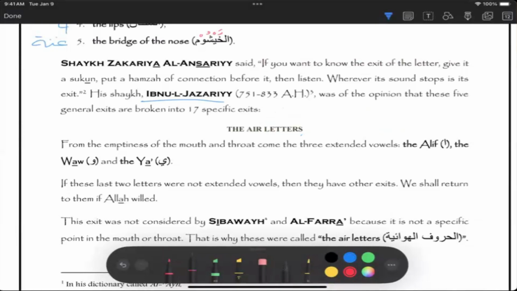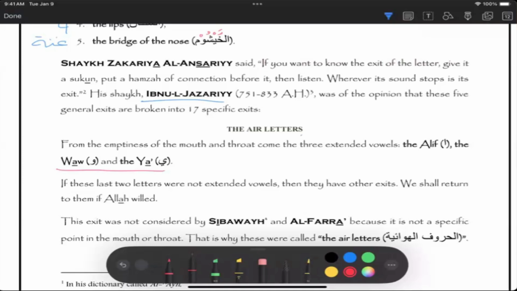From the emptiness of the mouth and the throat come the three extended vowels: alif, waw, and ya. A, ee, oo. If these last two letters are not extended vowels, then they have other exits. So waw and ya, they have dual identity.